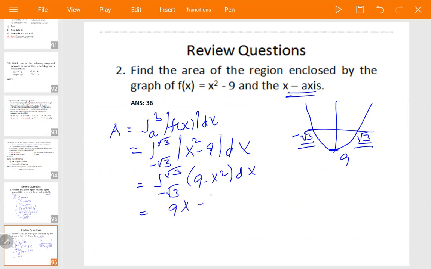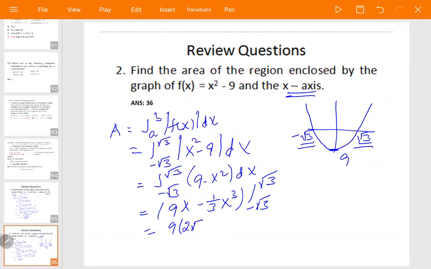9x minus the integral of x squared, which is 1 over 3 x cubed. Then after, it is a matter of evaluating this between negative root 3 and square root 3. So 9 into the square root 3 minus negative square root 3.